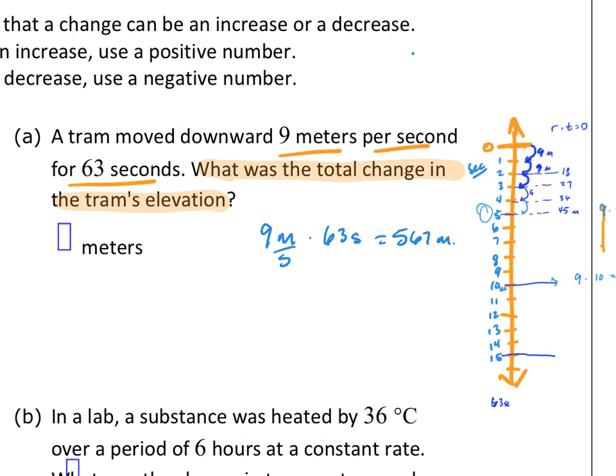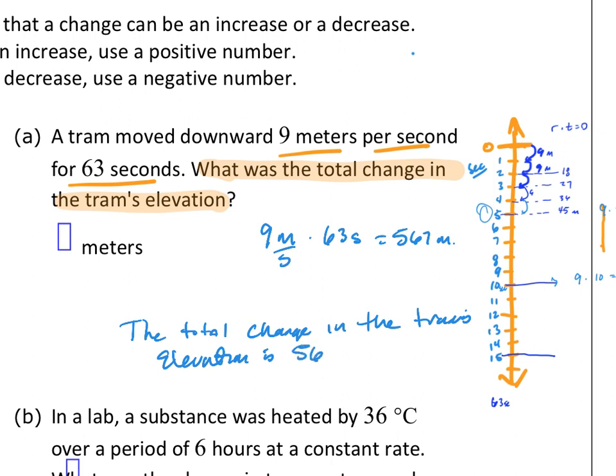So our answer would be the total change in the tram's elevation is 567 meters. Okay, now if we think about this, we're dropping, right?